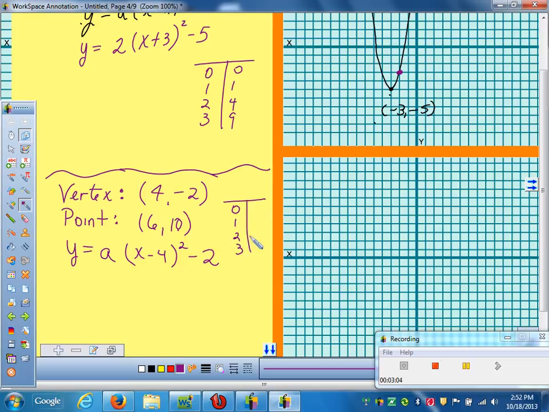If you do it from the perspective of the t-table, you have to ask yourself, look at the x-coordinates. My vertex is at 4. My y-coordinate was at negative 2. I moved over how much then? I mean, my next x-coordinate, that's a difference of 2. So that means I went over 2, which means I should have gone up 4. But I went from negative 2 to positive 10.